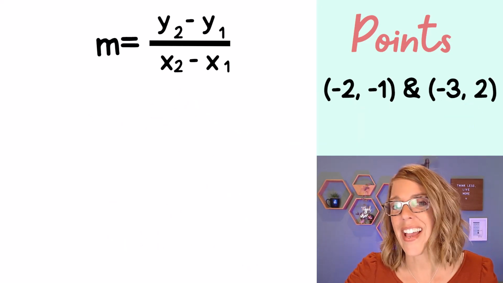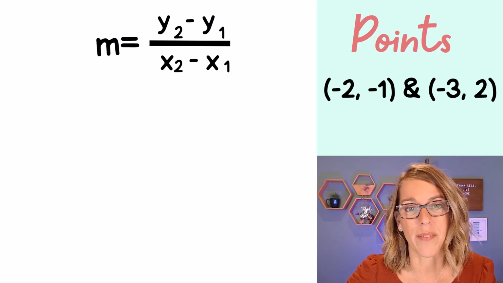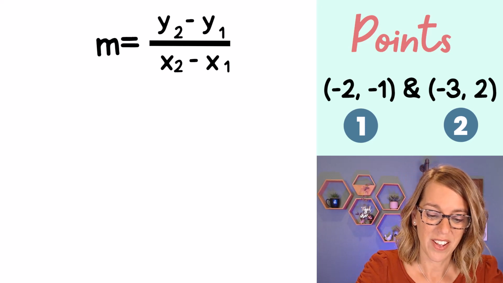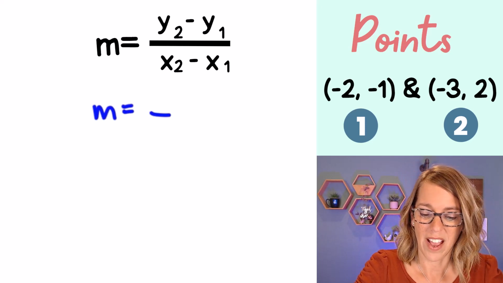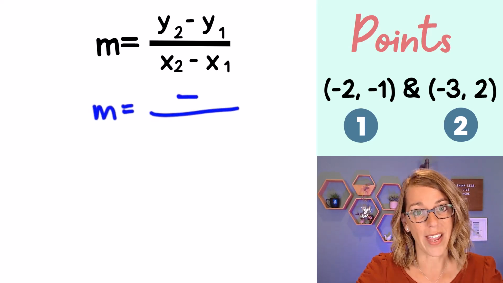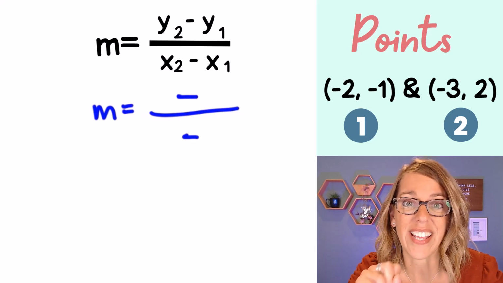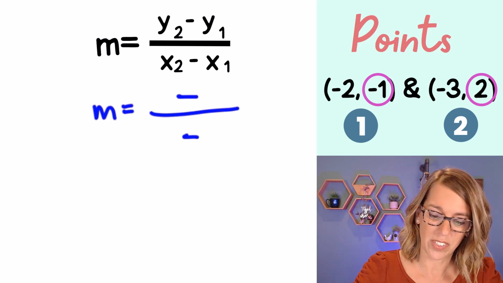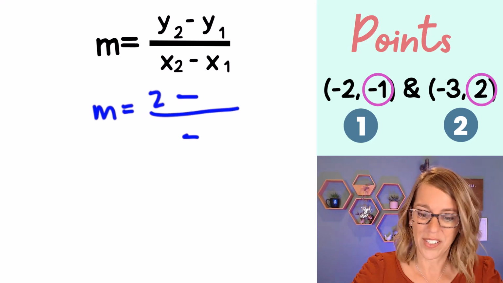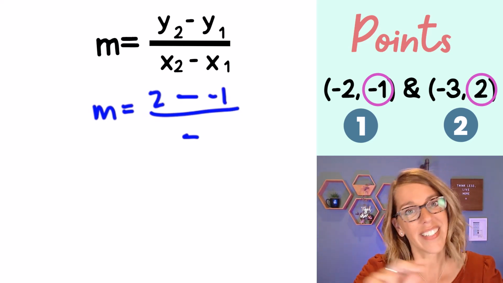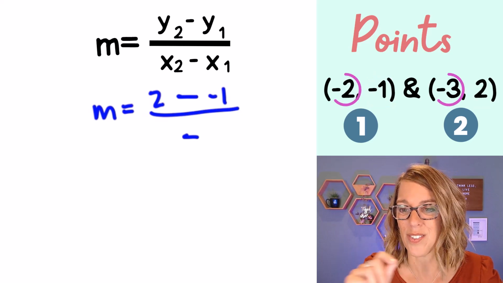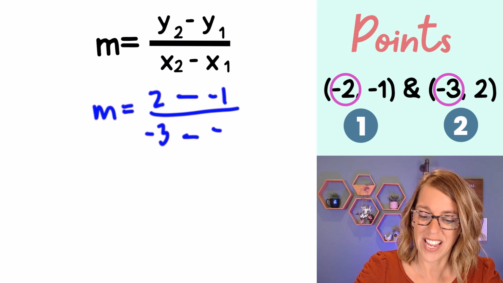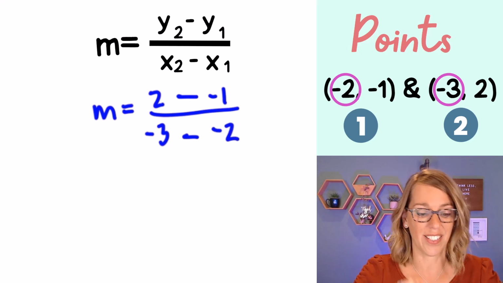Here's our next one. Again, I'm not going to bother to graph this one, but I'm just going to dive right in and label these as point 1 and point 2. So as we're computing our slope, I want the difference in the y coordinates over the difference in the x coordinates. I'm going to start with point 2's y, which is a 2, and then point 1's y, which is a -1. Now let's move over to those x values. -3 is the second x value, and -2 is the first x value.